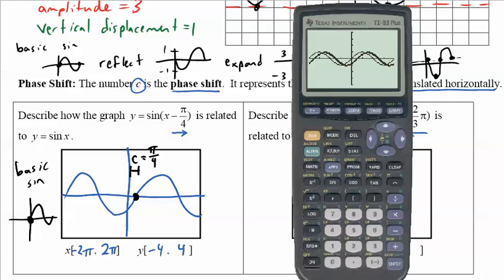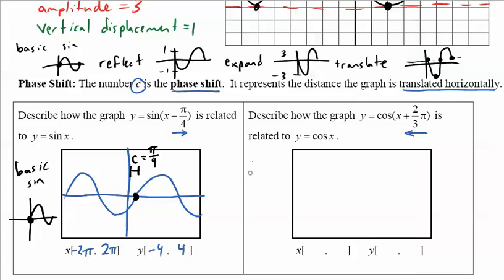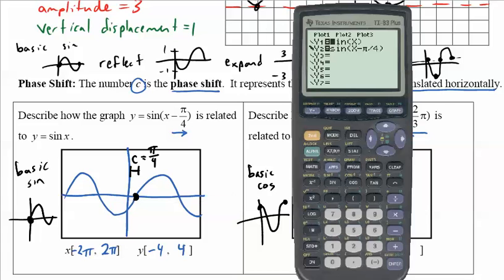And we can try it for a cosine graph as well. The basic cosine starts at the top of the graph. It starts at a maximum and goes back to the maximum again after one period. So cosine of x plus 2/3 pi is going to take this basic cosine graph and move it left by 2 pi over 3. Let's just verify that.